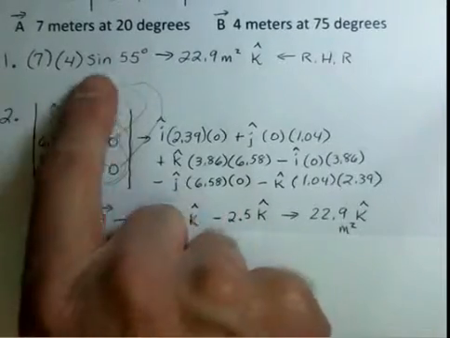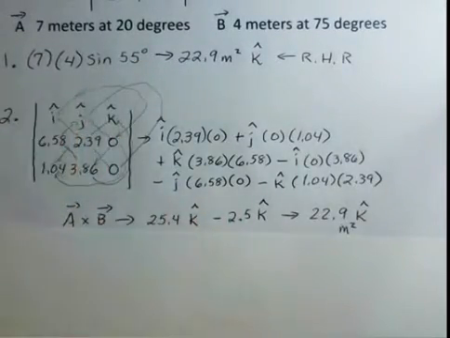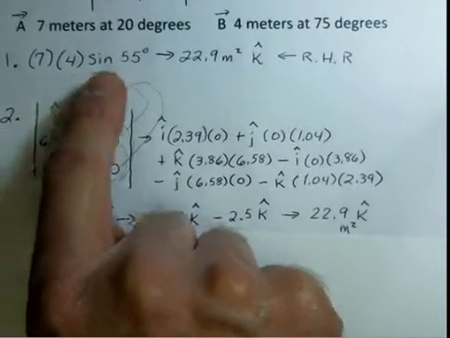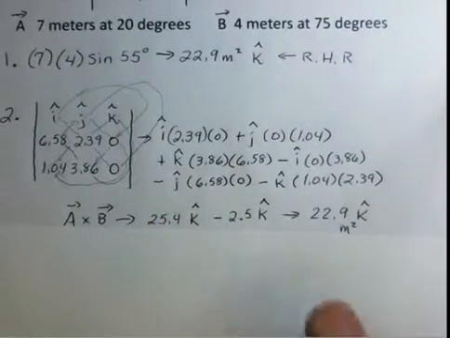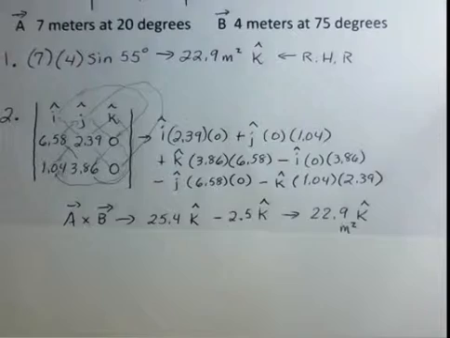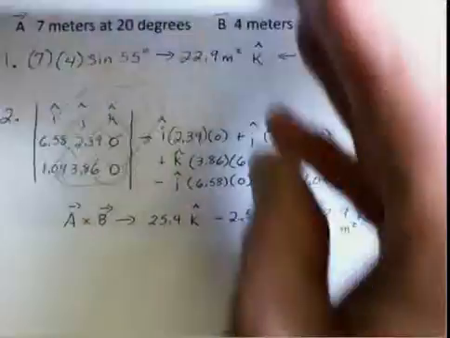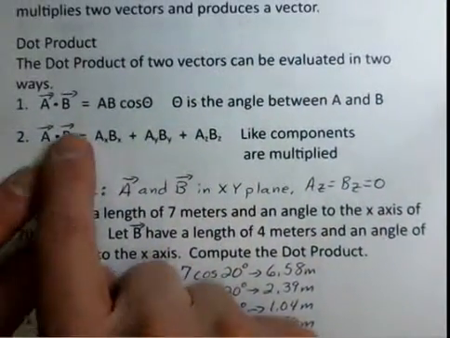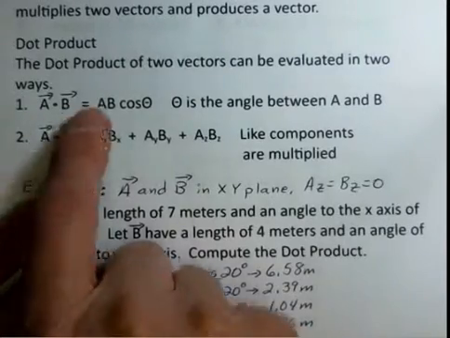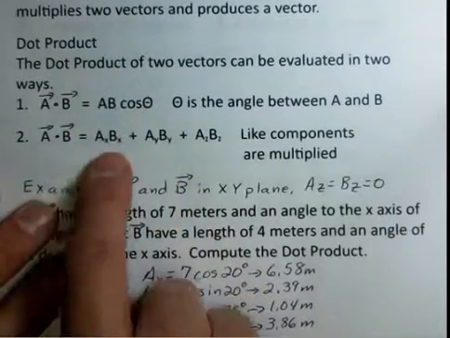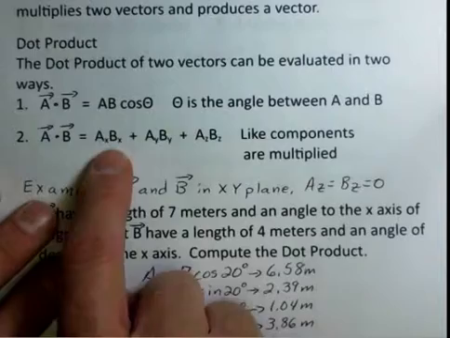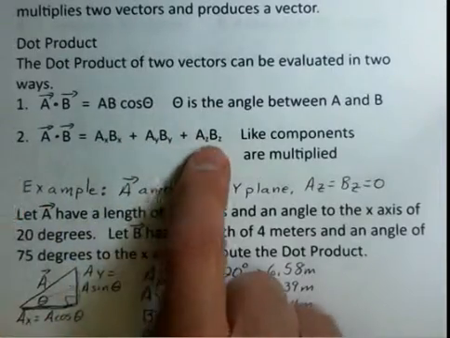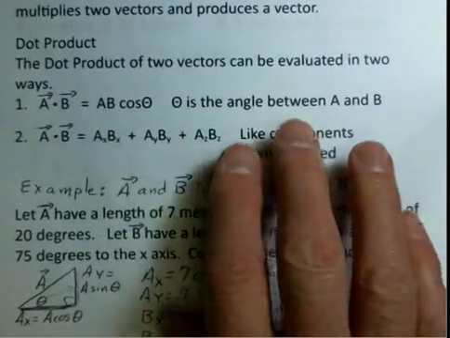Or use the magnitude of the first vector, magnitude of the second vector, sine of the angle between them, and use the right hand rule. Then our dot product, that just gives us a scalar result, either AB cosine theta or AxBx plus AyBy plus AzBz, and there is no direction.